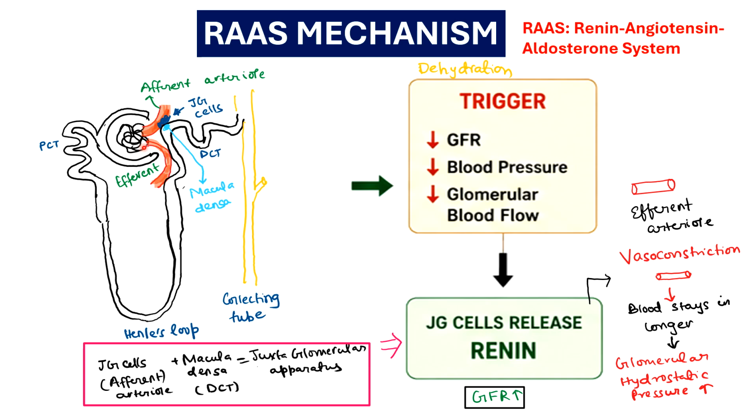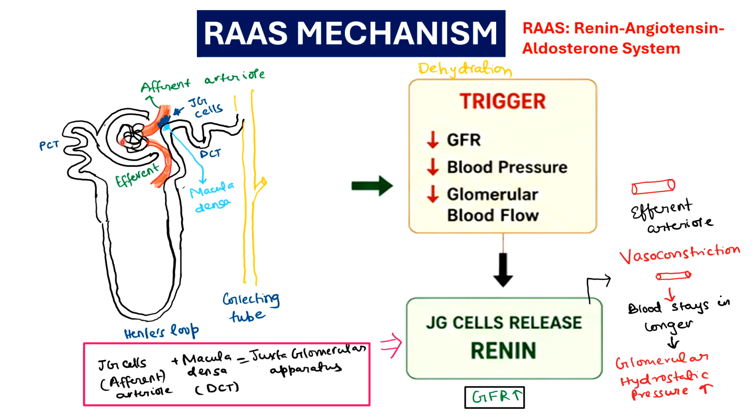Now, if the efferent arteriole is constricted, what will happen? If the blood is passing through the afferent arteriole for filtration and the efferent arteriole is narrowed down, the blood stays in the glomerulus for a longer time.